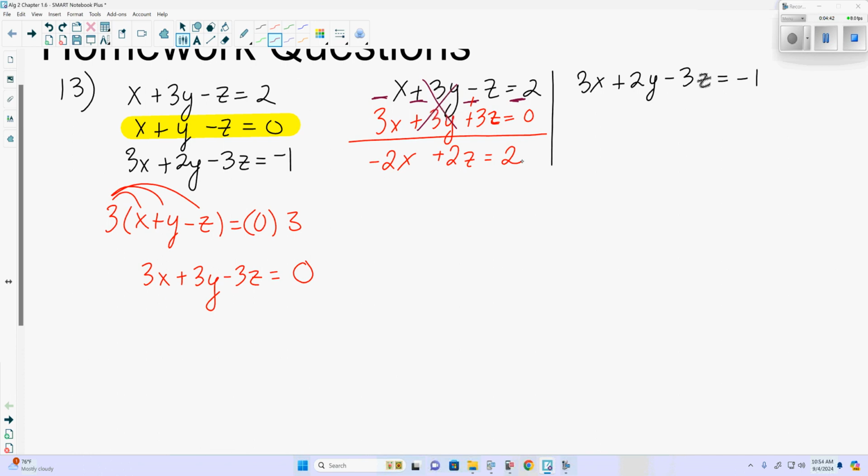On the other one, we're going to do essentially the same thing, and just to save on space, instead of multiplying by 3, we're going to multiply by 2 to get it to be 2y. 2 times x is 2x. 2 times y is 2y. 2 times z is 2z, and 0 times 2 is still 0. So we have 2x plus 2y minus 2z is equal to 0.